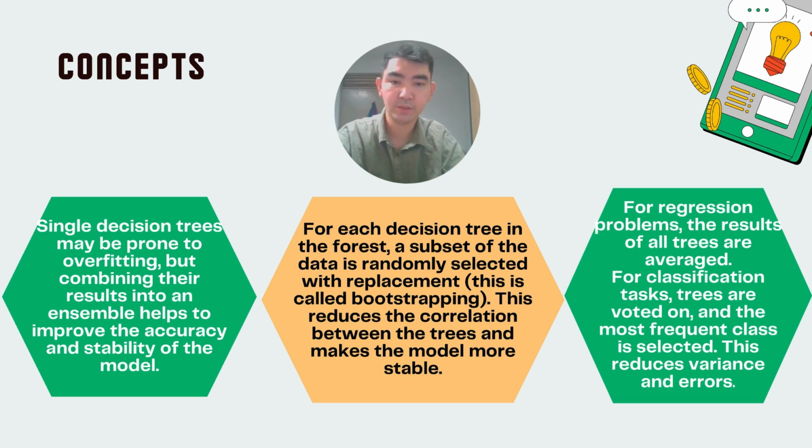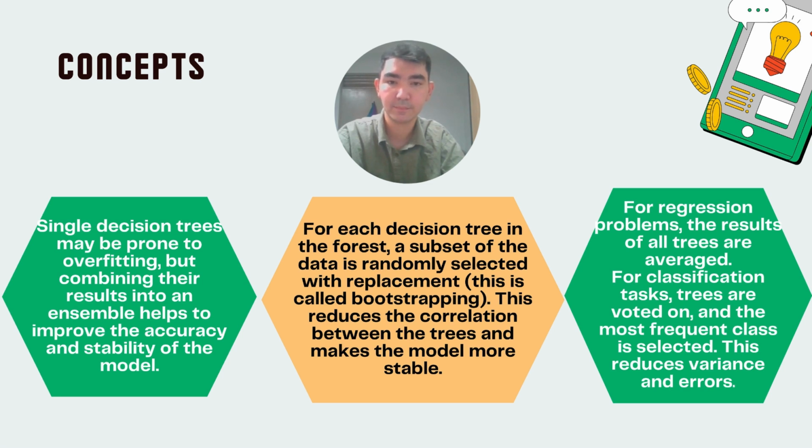Bootstrapping: for each decision tree in the forest, a subset of data is randomly selected with replacement. This is called bootstrapping. This reduces the correlation between trees and makes the model more stable. Averaging the results: for regression problems, the results of all trees are averaged. For classification tasks, trees vote and the most frequent class is selected. This reduces variance and errors.